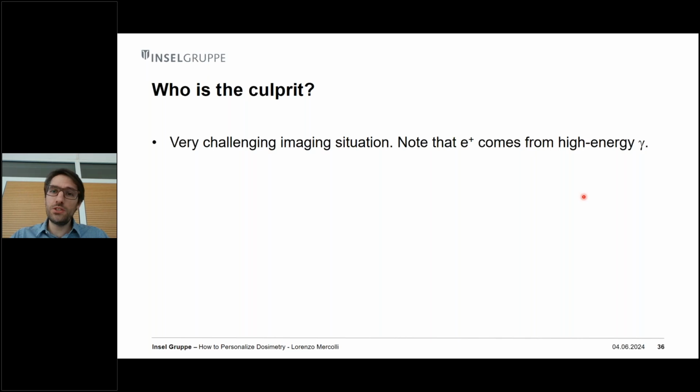One issue here is that the positrons that we actually measure in a PET come from the pair production from very high energy photons, which means that the production of the electron-positron pair can be quite distant from the location of the actual yttrium-90 decay.